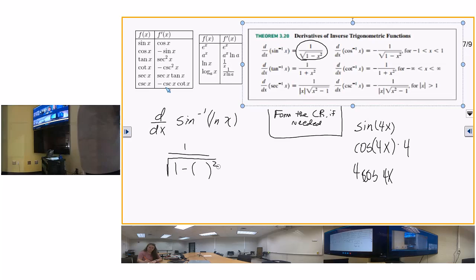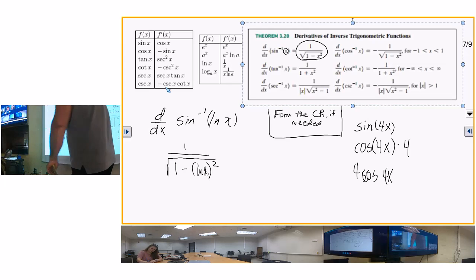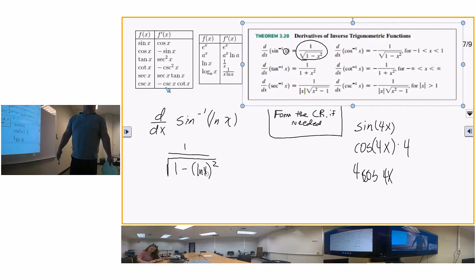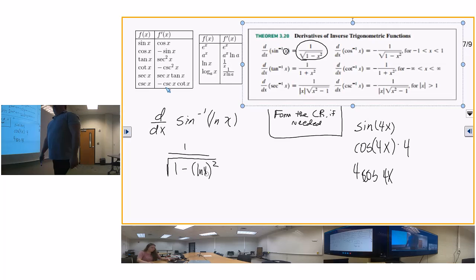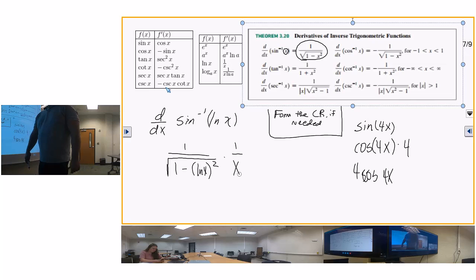Well, what's in the x spot? What's in this x spot? Natural log of x, Hubert. The natural log of x. Exactly. Thank you. I appreciate that interaction. Now, what? Now you take the derivative of what's inside and multiply by the function times 1 over what? X. And that's it.